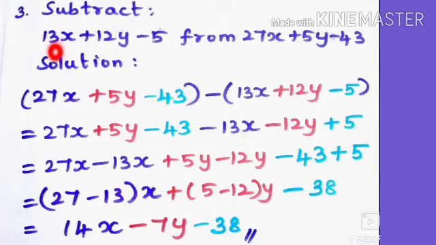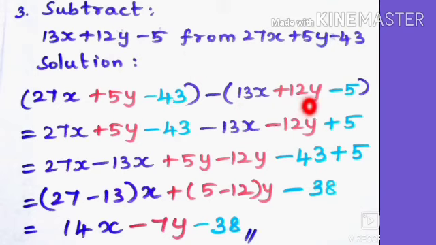Students, now subtract 13x plus 12y minus 5 from 27x plus 5y minus 43. So the expression we subtract from should be in the first place, and after that put the minus sign, and next, within the bracket, so don't forget to put the bracket, the expression which should be subtracted will be there.